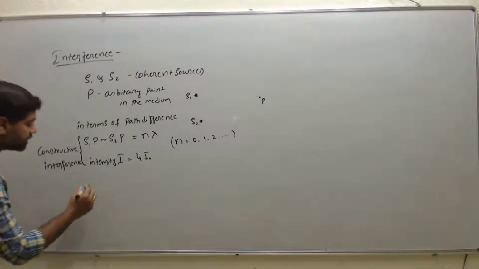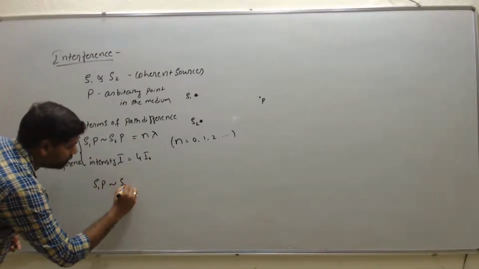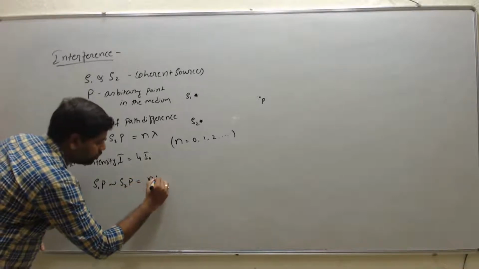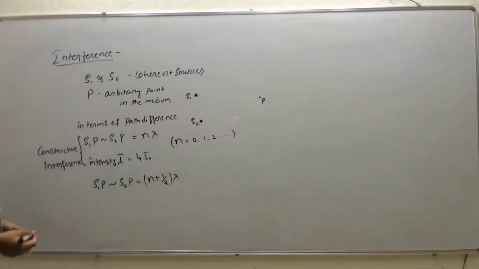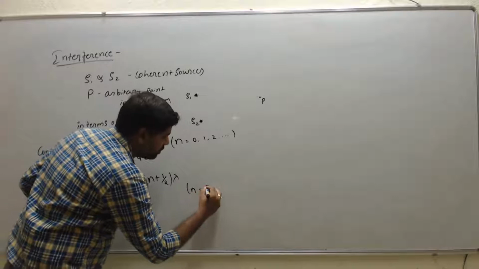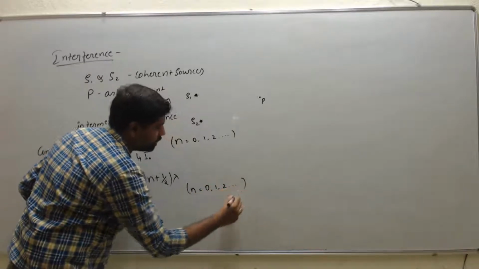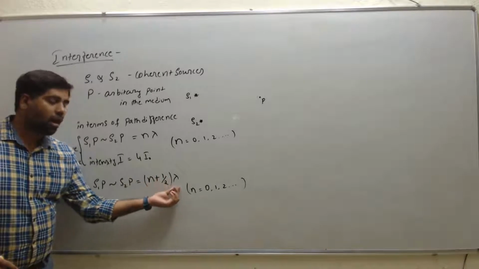So in terms of path difference, we write the difference of S1P to S2P is equal to n lambda. So next, another case is the difference of S1P to S2P equal to n plus 1 by 2 into lambda. Here the value n is an integer, ranging from 0. If we substitute n is equal to 0, then we get half lambda.